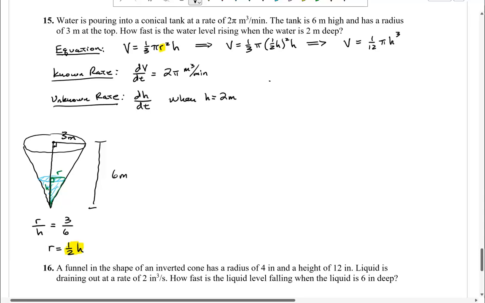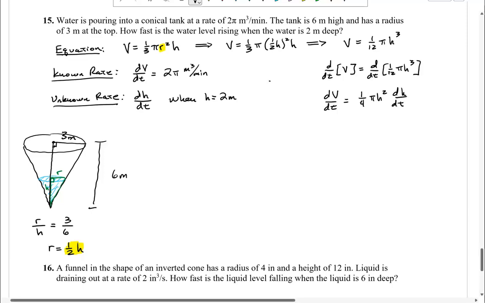This is the equation now that we're going to differentiate implicitly with respect to t. So we're going to take the derivative with respect to t of both sides, which looks like this: dV/dt equals 1/4 pi h squared dh/dt.